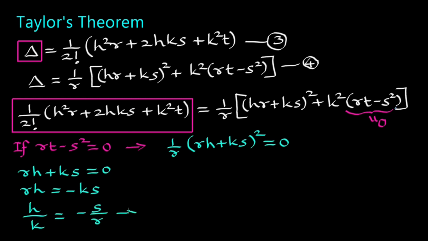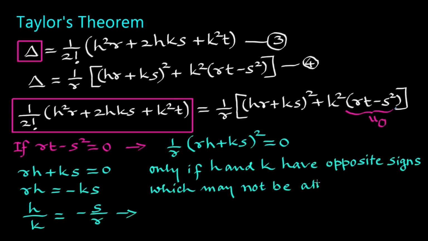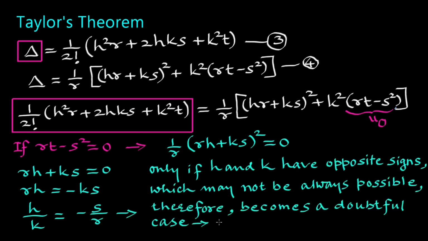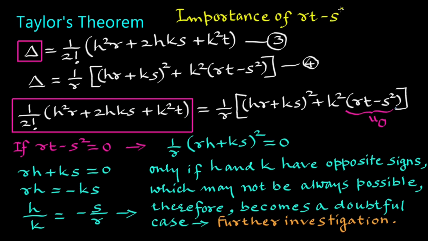Now this holds only if h and k have opposite signs, which may not be always possible, therefore it becomes a doubtful case. Hence we need further investigation. So by now you must have understood the importance of rt minus s square.